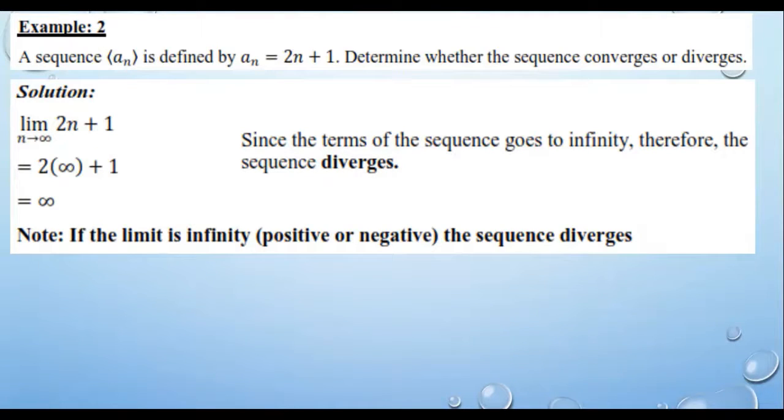As I said before, if your answer is positive infinity or negative infinity, either of those, the sequence will diverge. So you can write the statement: since the terms of the sequence go to infinity, therefore the sequence diverges. Either positive or negative, the sequence will definitely diverge.